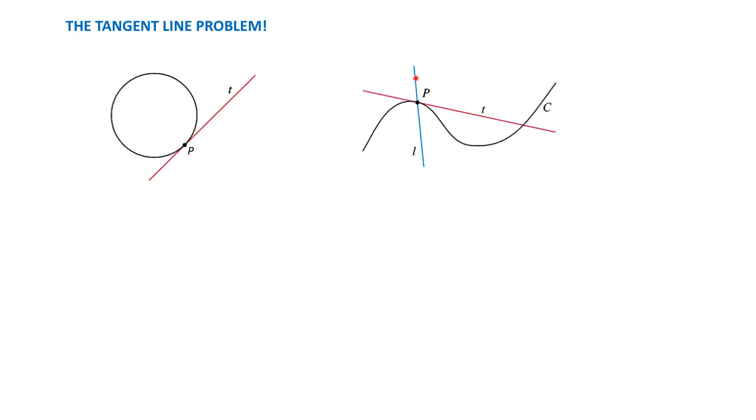Now I want you to look over here at the blue graph. The blue line is intersecting the curve at one point, but it doesn't seem to be tangent. It doesn't have the same feel as the line on the left.